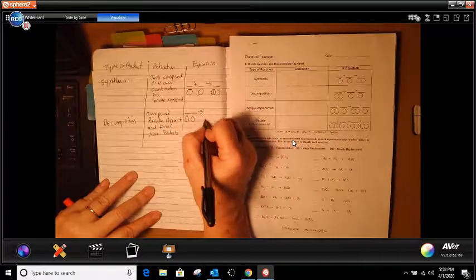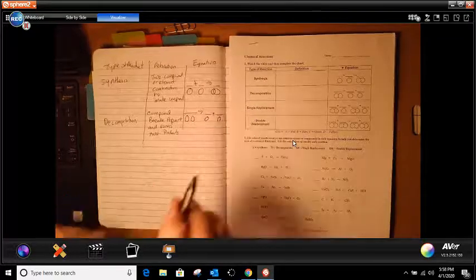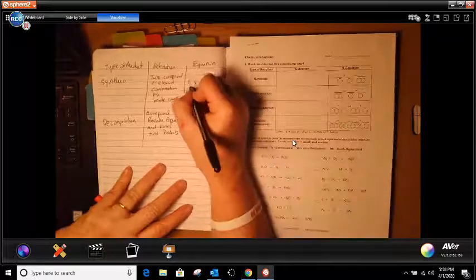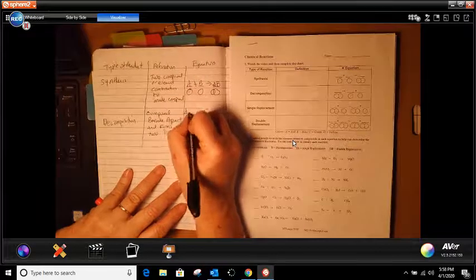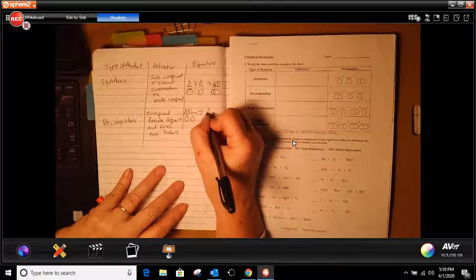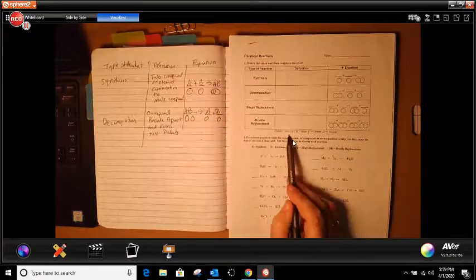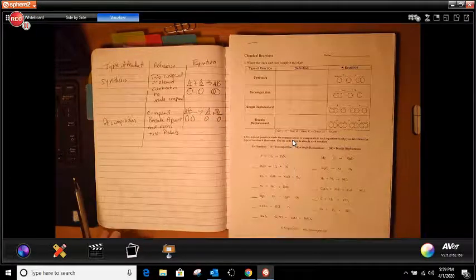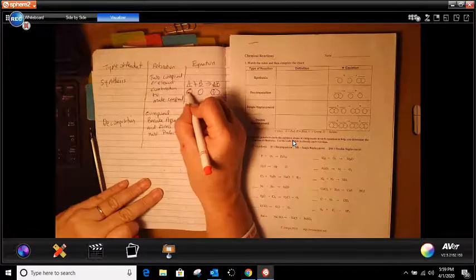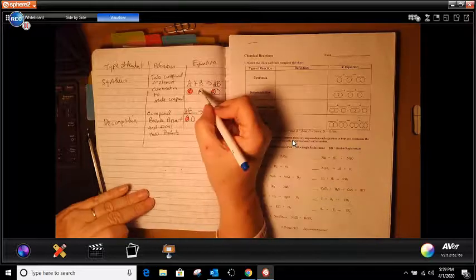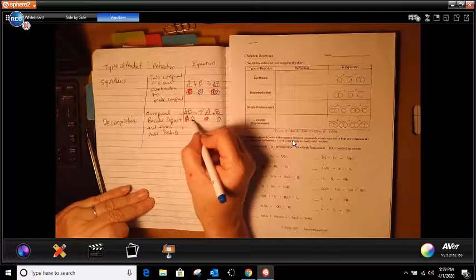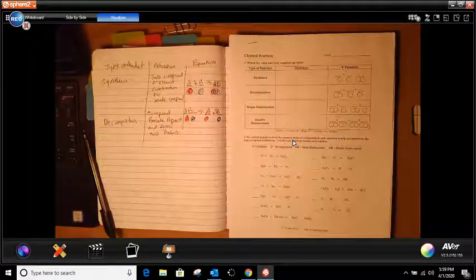So this is A plus B yields AB. AB decomposes to A plus B. Down here it tells us A is red and B is blue. So you're just going to come in here and color in the A's, and you're going to color in the B's. And that's all you have to do today.